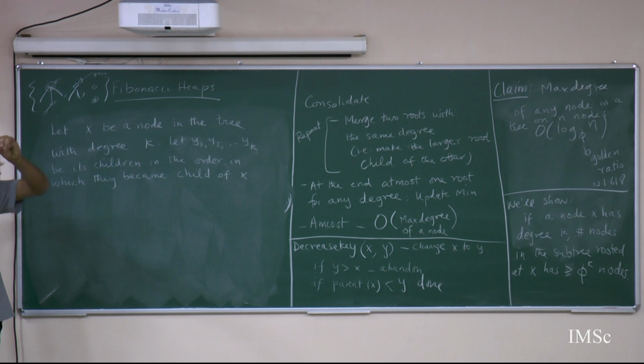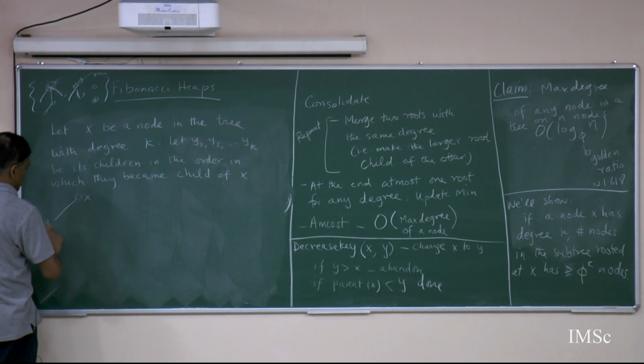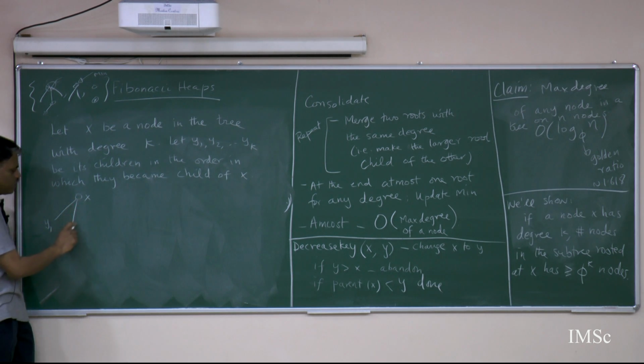It may not even be a root, it could be any node in one of the trees, and its degree is k. I go back and see who got attached to X first among its children: y1 got attached first, then y2, and then yk. Maybe there were more nodes which got cut later on. That's okay. This is the current set of children of X, and I'm going to look at them in the order in which they got attached to X.